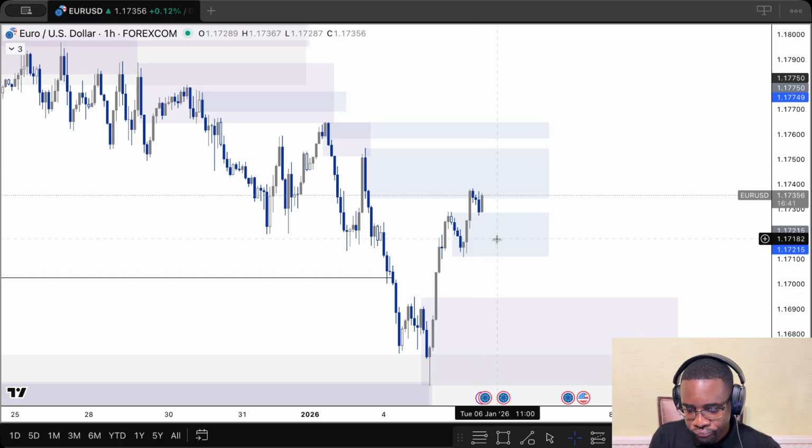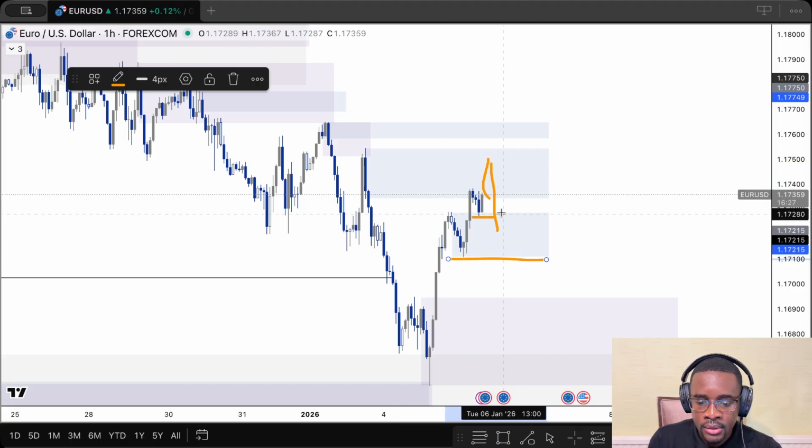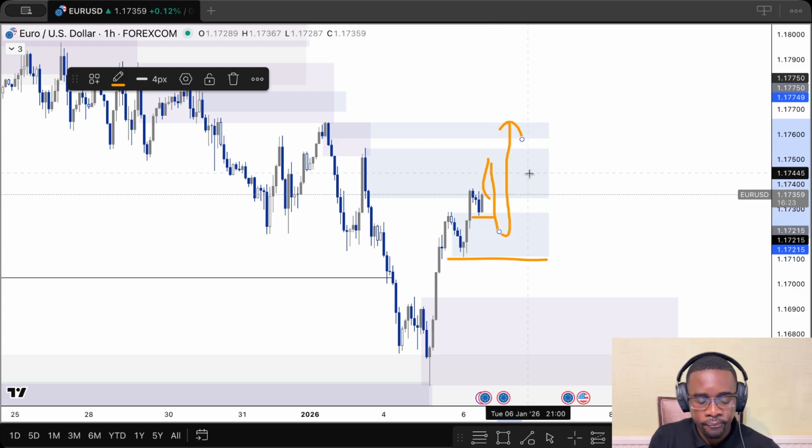So this could happen. It might push in, and then react, take out this low, but still respect this demand, and then finally come up.